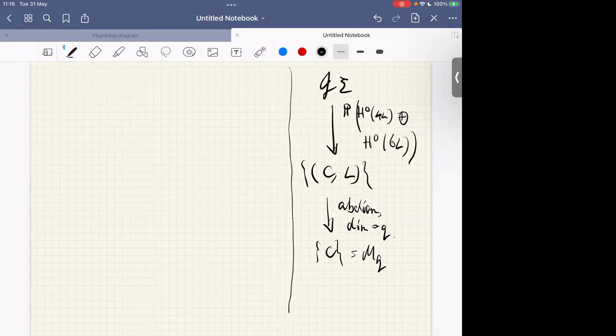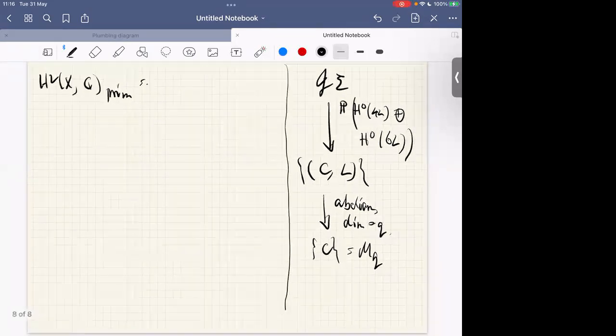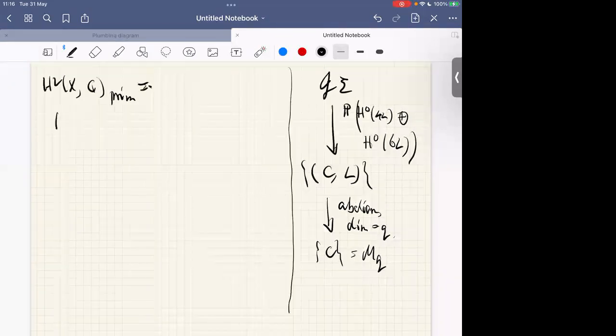So I want to bring in the cohomology of the surface. We'll define the primitive cohomology to be the part which is orthogonal to the section and the fiber.